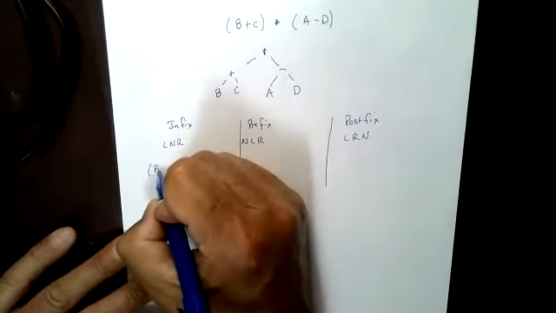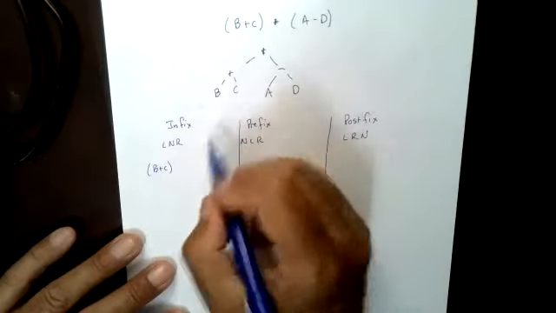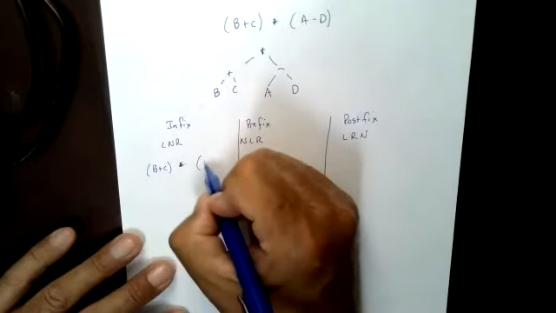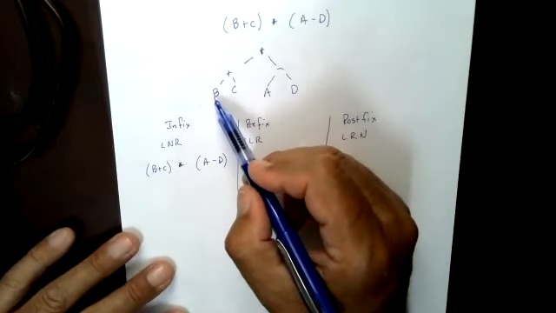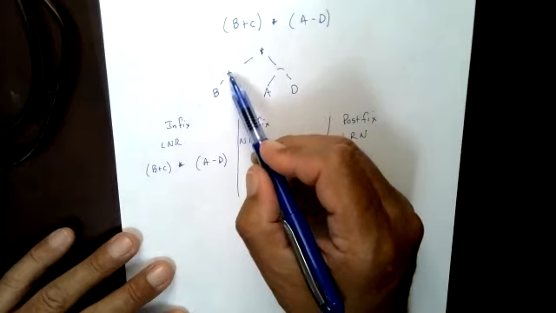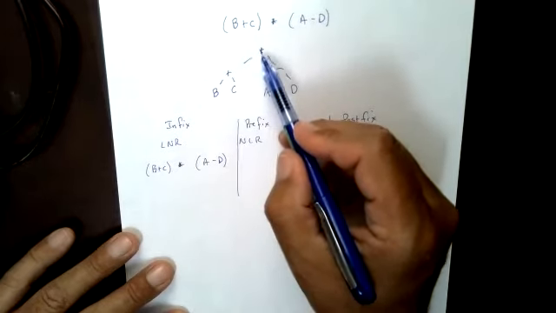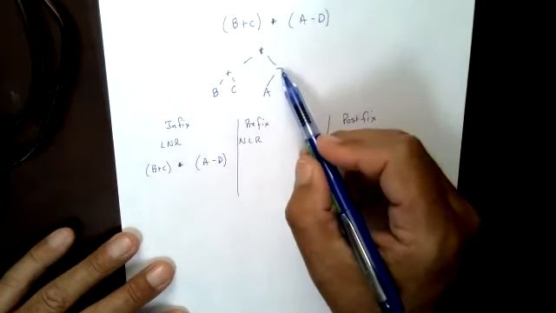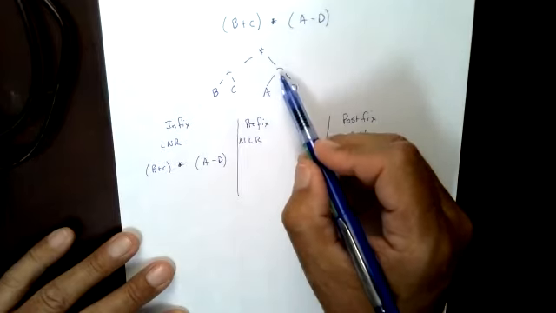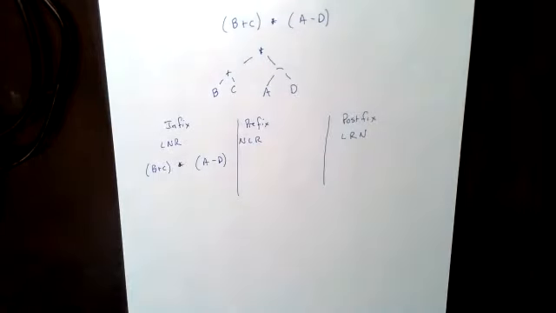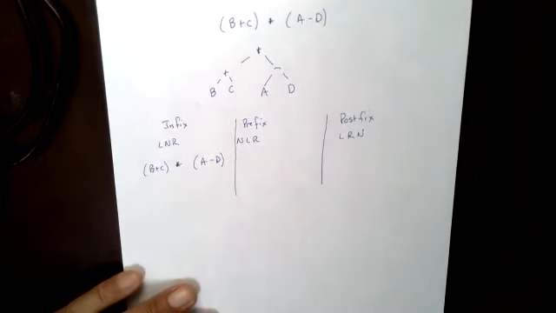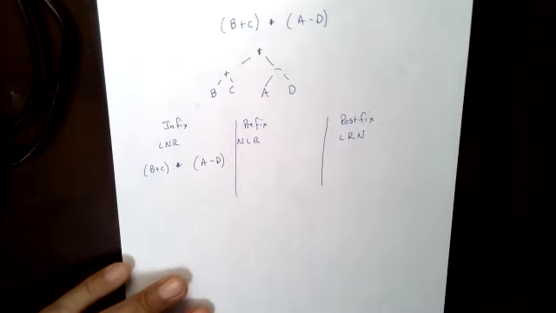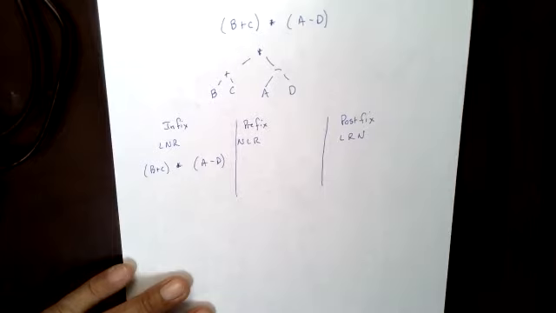Yeah, it's going to be B plus C, of course, with the parentheses, times A minus D. Good practices, go left, done. Go back, node, done. Go right, done. Go back, node, good. Go right, left, node, right.